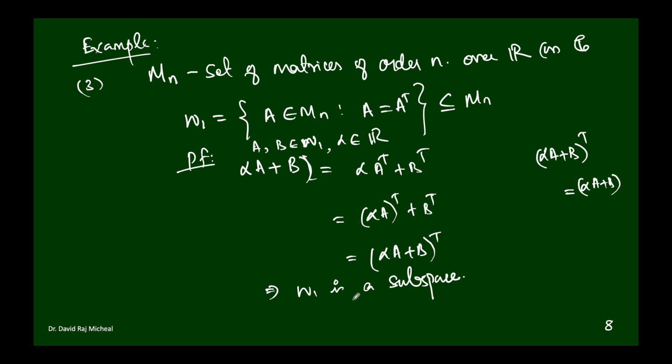So W1 is a subspace because of this, and the 0 matrix also belongs to W1. Therefore non-emptiness is captured here, and then the other condition is telling you the hypothesis which you were supposed to prove as subspaces.